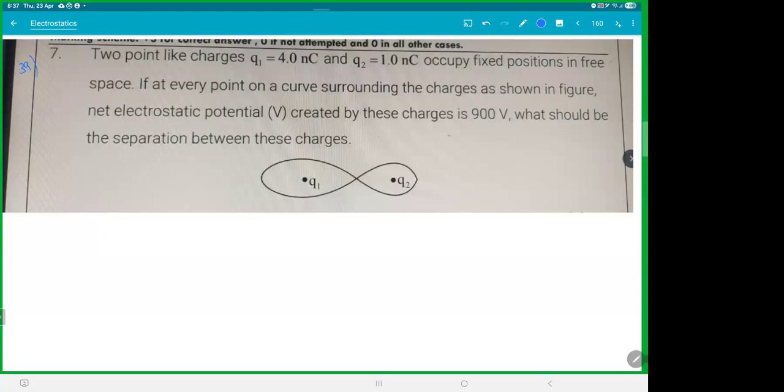Two point charges, Q1 and Q2, occupy fixed positions. At every point on the curve, he's saying this is an equipotential curve. No matter where you stand on this curve, the potential is 900. That's it. You only have this information. Using this, he is asking you to find the distance between the charges.